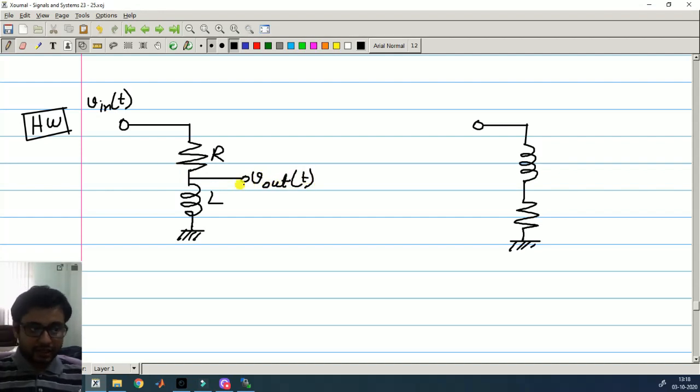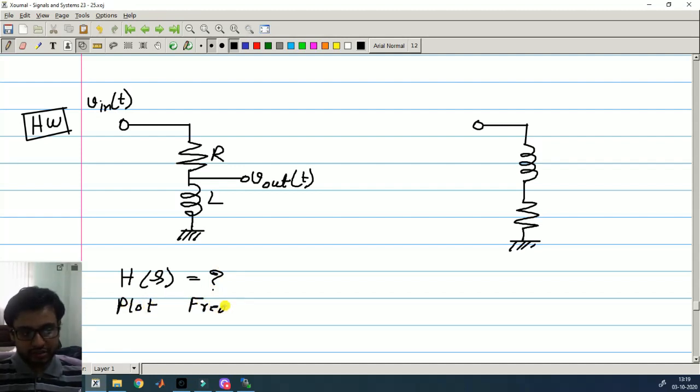The task is again the same: find H(s), plot the frequency response, and show that this is a low pass filter.